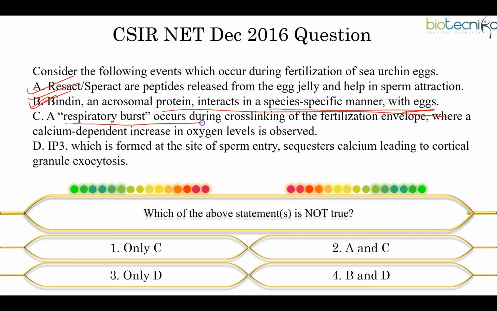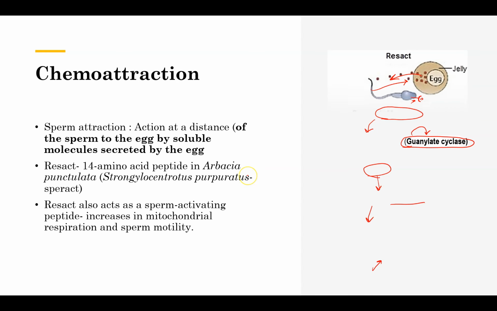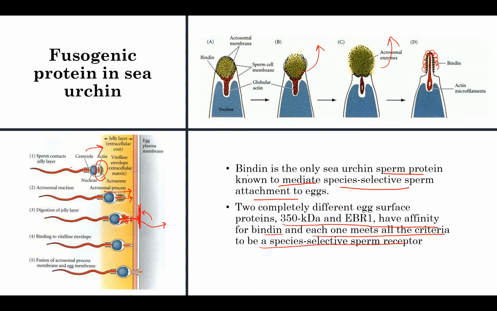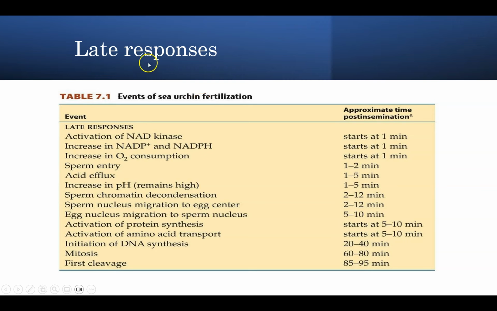A respiratory burst occurs during cross-linking of the fertilization envelope, where a calcium-dependent increase in oxygen level is observed. Now, I told you about early responses and late responses. Early response was the block to polyspermy, and late responses are events where the sea urchin egg will be activated. One of the events that happen over here is increased respiration. So as you can see, the increase in oxygen consumption is taking place.